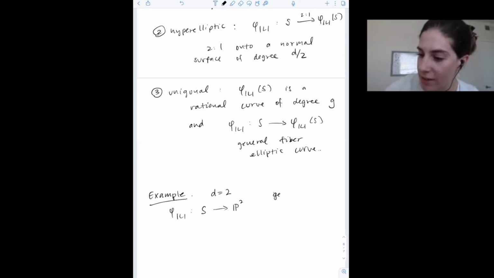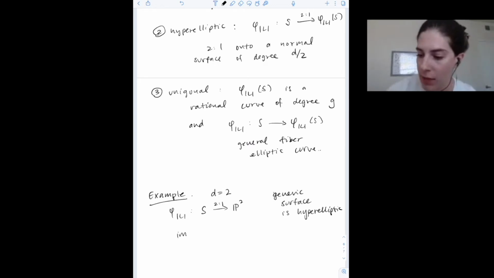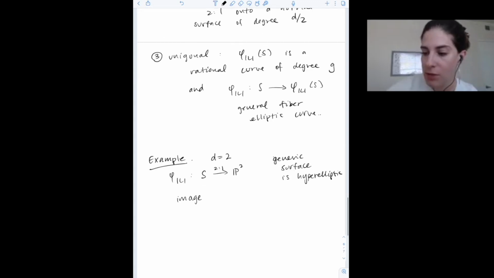And so the generic K3 surface of degree 2 is one of these hyperelliptic K3s. The generic case is when this is 2-to-1, and the image happens to be, based on a computation one could do, the plane branched over a sextic curve.